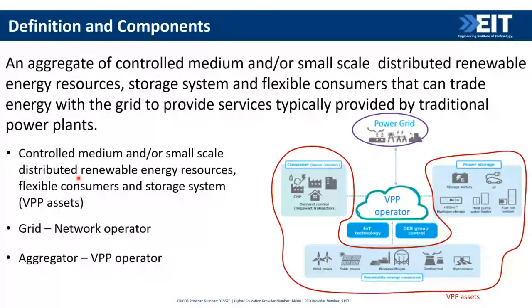So the aggregator or VPP operator is needed to integrate the VPP assets and the grid to let them work with each other. Now, let's move to other slides to see details for each one of these components.